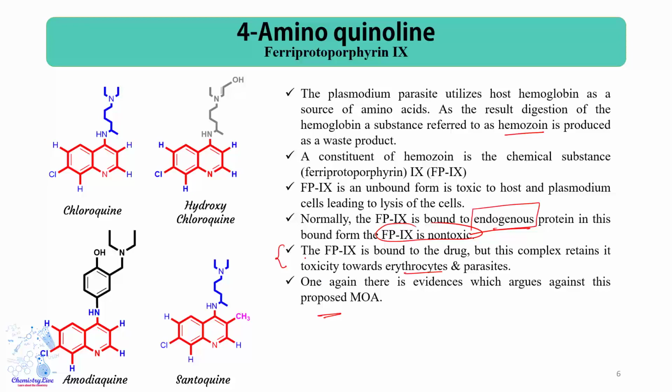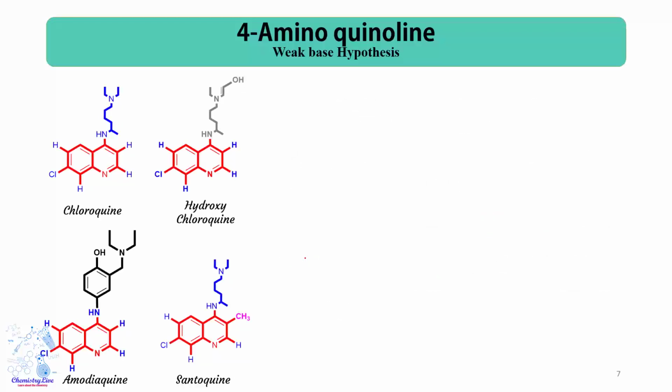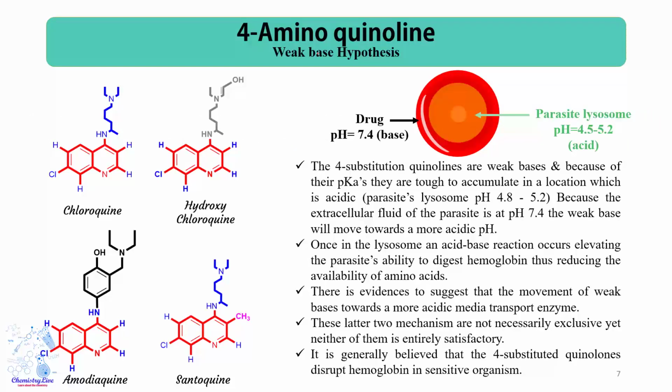In the third proposal, we look at the weak base hypothesis. So what is the weak base hypothesis? See, this is our RBC, and this is a parasite. The drug starts here. The RBC has a pH of 7.4, and the drug, chloroquine or another drug, is at pH 7.4. This is the parasite lysosome, having a pH of 4.5 to 5.2, which means acidic.